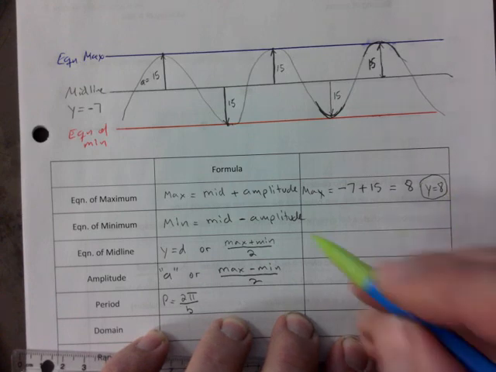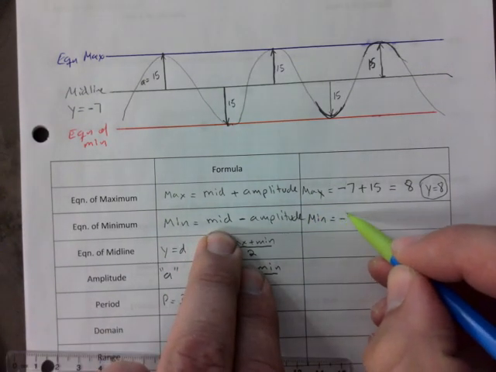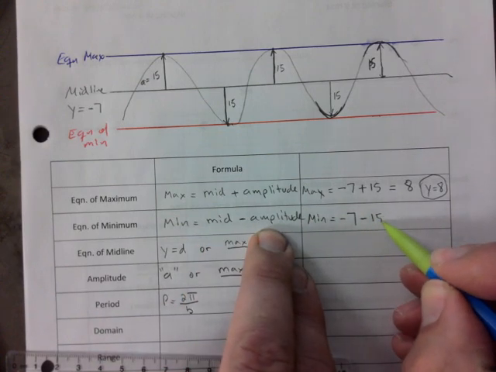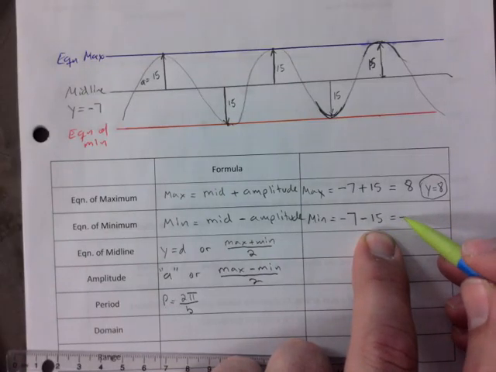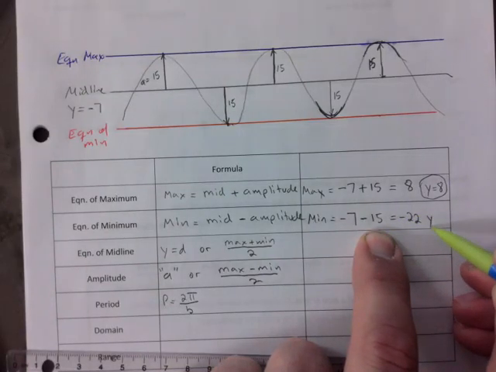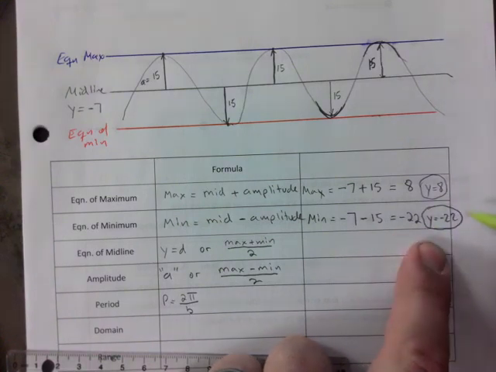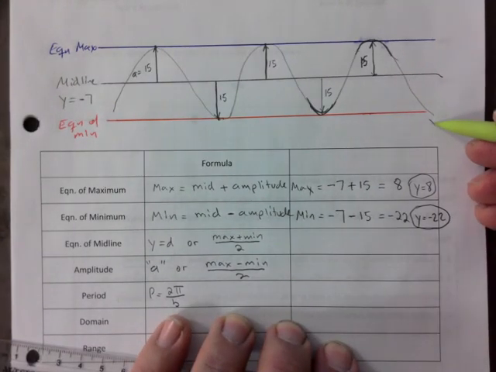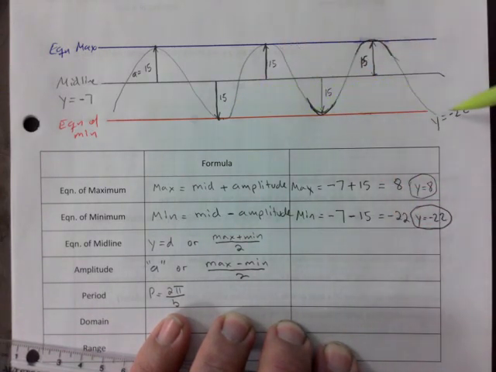Okay. The min, we go midline again, but in this case we subtract the amplitude from it. So this is adding negatives, right? So this would be -22. So y is equal to -22 is technically the equation of the min. So you can go over here and say, hey, I know that this line is a horizontal line that goes along -22.